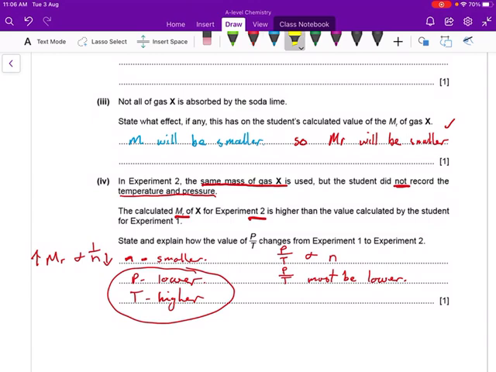Secondly, if I look at my P over T ratio to n, if my moles are then going to be smaller, my P over T ratio is going to be lower. And it could be caused by either a lower pressure or higher temperature. And they didn't ask this encircled part. It could be a potential follow-up question. So again, have a look at that.